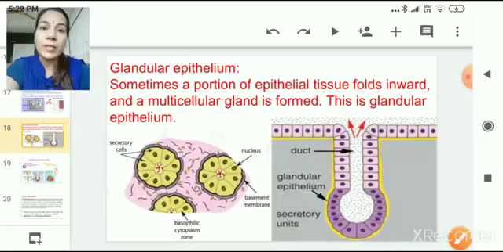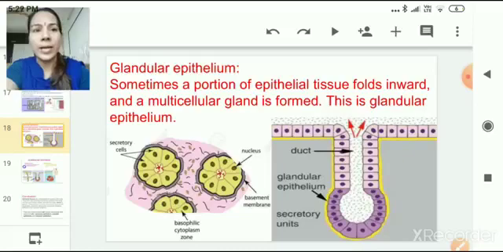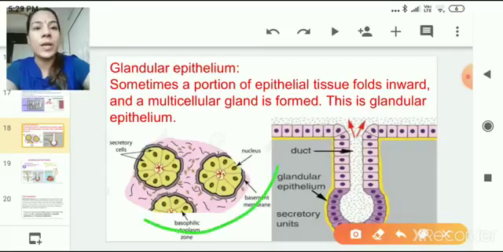Now there is another type of epithelium which is called glandular epithelium. Sometimes portions of epithelial tissues fold inward and a multicellular gland is formed. This is glandular epithelium. Here in this diagram you can see glandular epithelium which has a basement membrane.